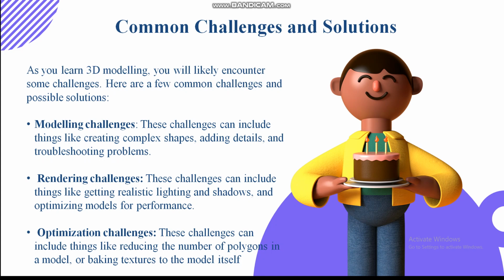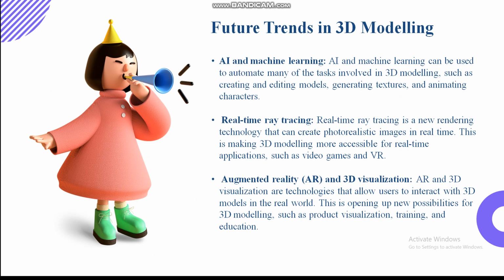Optimization challenges can include things like reducing the number of polygons in a model or optimizing the textures of the model itself. Moving on. Future trends in 3D modeling: AI and machine learning, real-time ray tracing. The last one is augmented reality and 3D visualization.